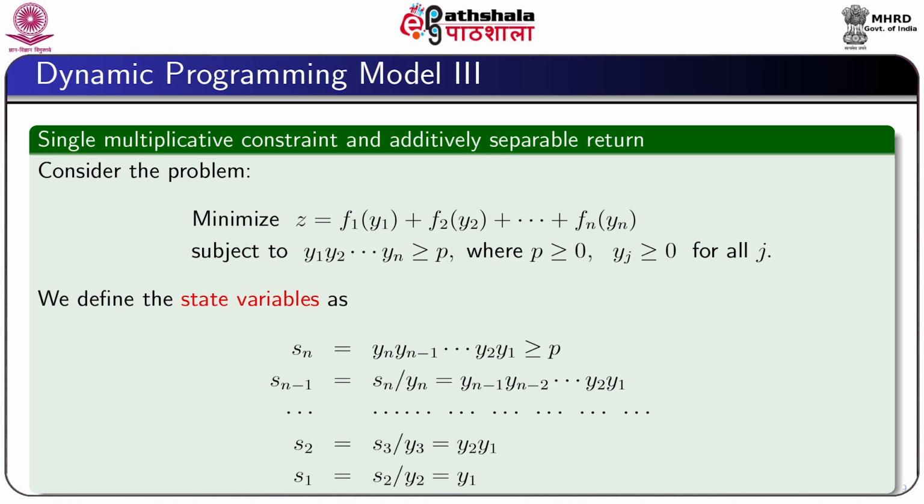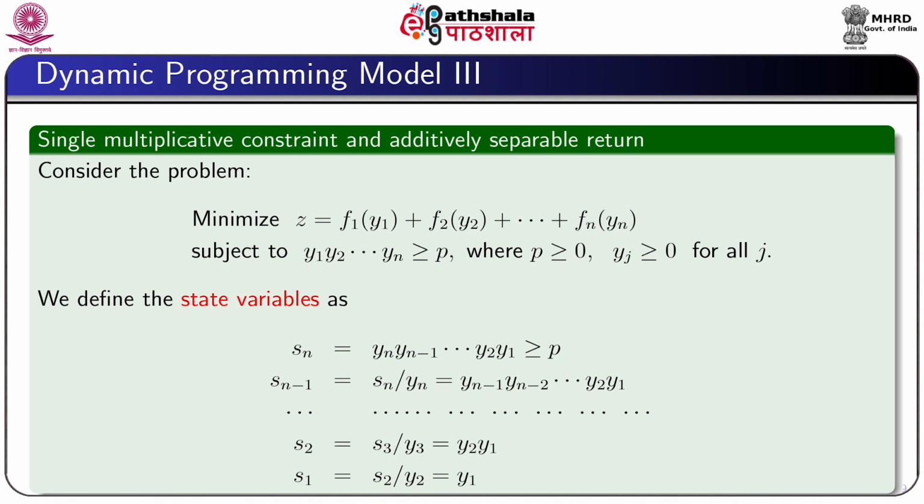We define the state variables as follows: Sn is equal to yn minus 1 dot dot dot y2 into y1, which is greater than or equal to p.